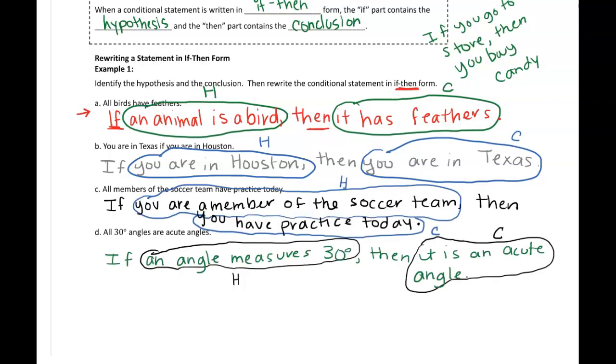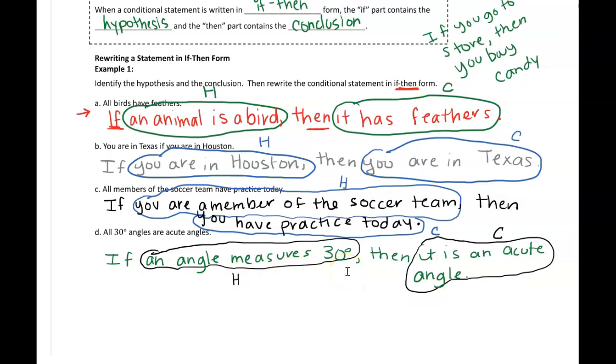Alright, so this is what you should have gotten. C should say, if you are a member of the soccer team, then you have practice today. Okay, now the hypothesis of that is you are a member of the soccer team, and the conclusion is you have practice today. Then on part D, your conditional statement should be if an angle measures 30 degrees, then it is an acute angle.